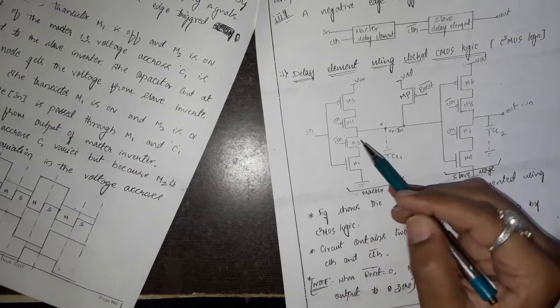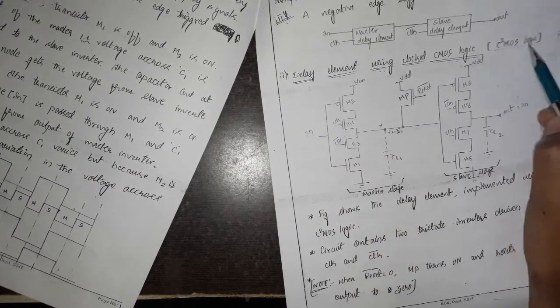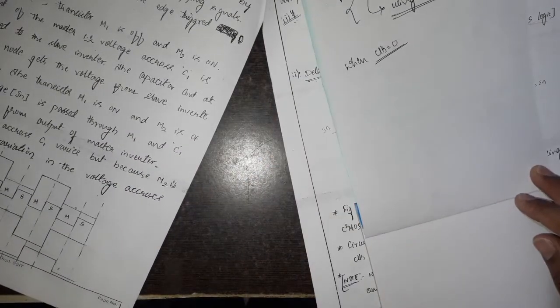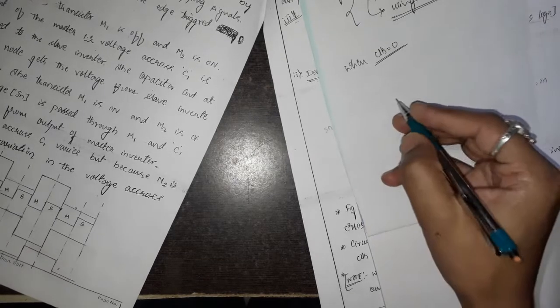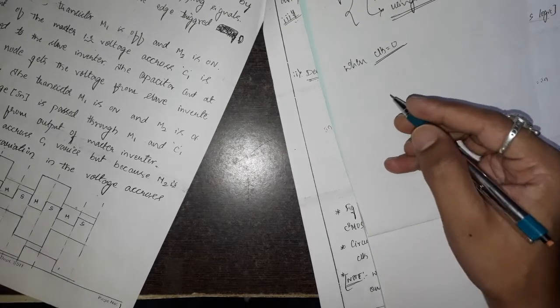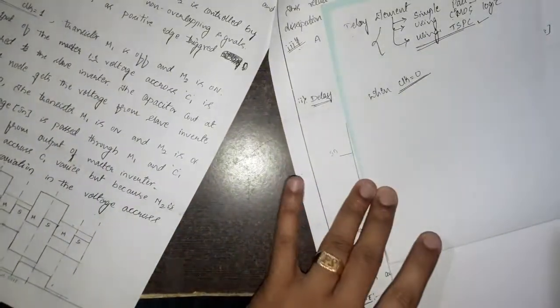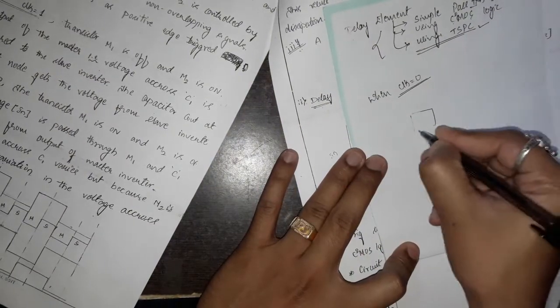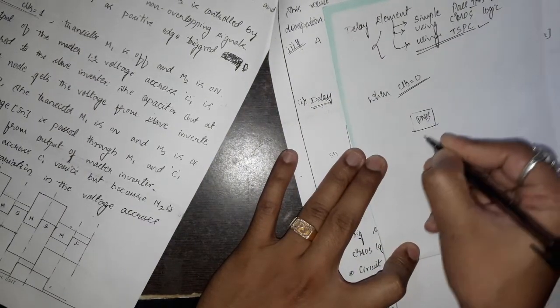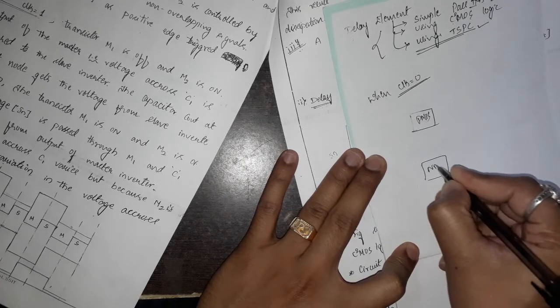The second technique for implementing the delay element is by using C squared MOS logic, that is clocked CMOS logic. The general skeleton for C squared MOS logic includes PMOS logic and NMOS logic.